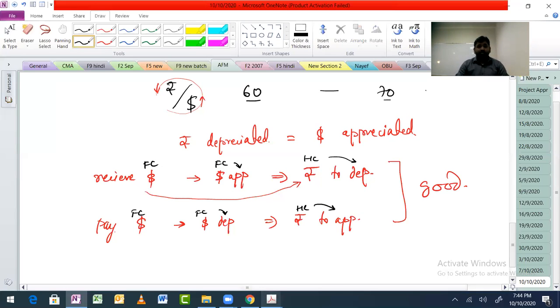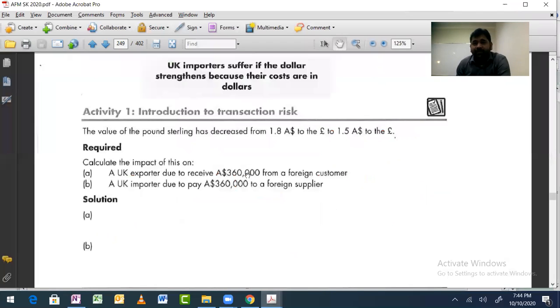So this is what I was telling you, that when I start doing this question, first I will do the maths and I will see what is happening, and it will not take any time. Okay. Australian dollar 1.8. First of all, pound sterling, the value of this has decreased from this to this. Here also they are mentioning the value of pound has decreased. Now, if you are a UK exporter, exporting goods, you are going to receive money and your home currency has decreased.